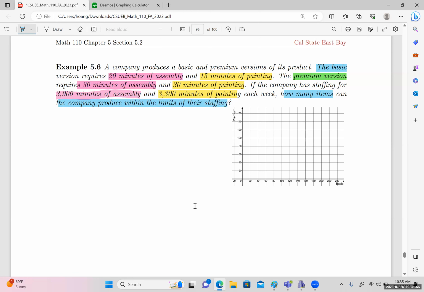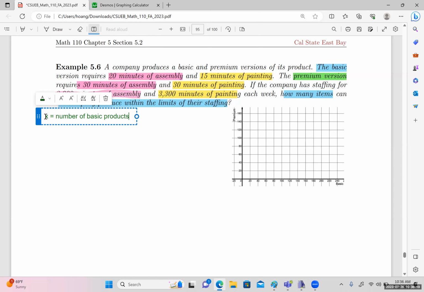So since they are asking for how many items, we need to go ahead and state x is the number of basic items, or basic products, that's fine. And y will be the number of premium products.